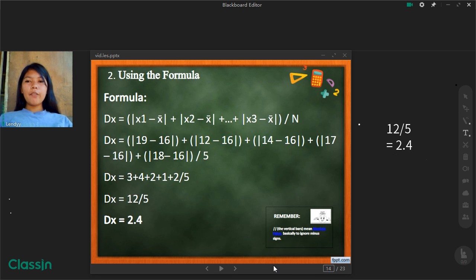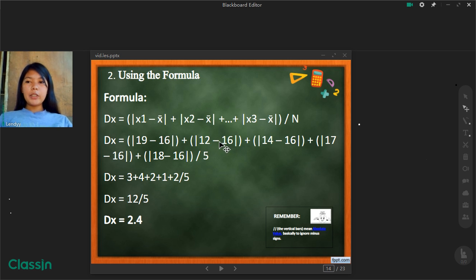Our second way of computing the average deviation is we will just simply use our formula. Our formula, as I've said earlier, is d of x is equal to x sub 1 minus mean plus x sub 2 minus mean, and so on, for however many values we have. So we have our x sub 1, 19, and our mean is 16, as we computed earlier.